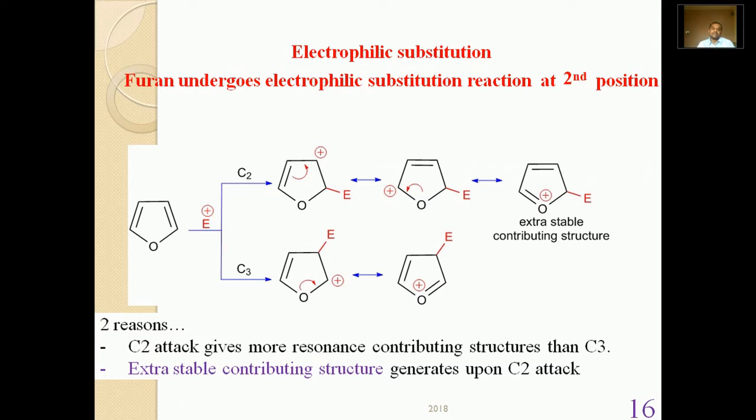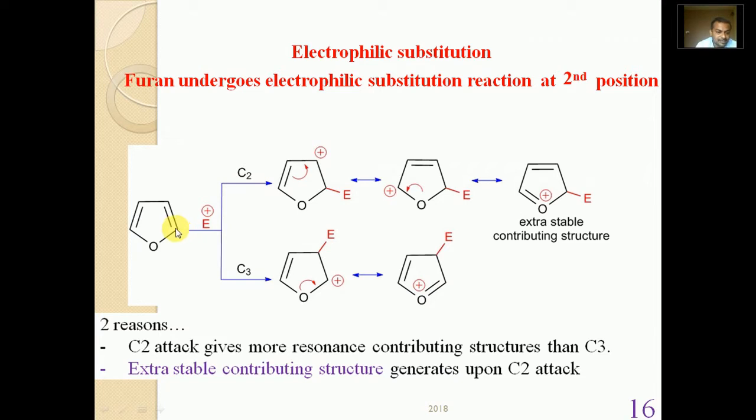Now we will see the electrophilic substitution. In our previous video we have seen why the electrophilic attack takes place at the 2 position. We will revise here as we are studying some electrophilic substitution reactions of furan. Furan is an oxygen-containing 5-membered ring. It contains 4 carbon atoms, out of which there are 2 sets of equivalent carbons.